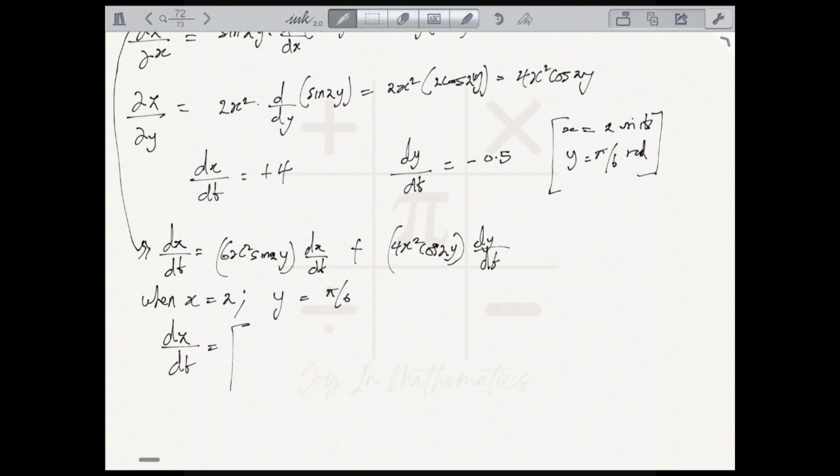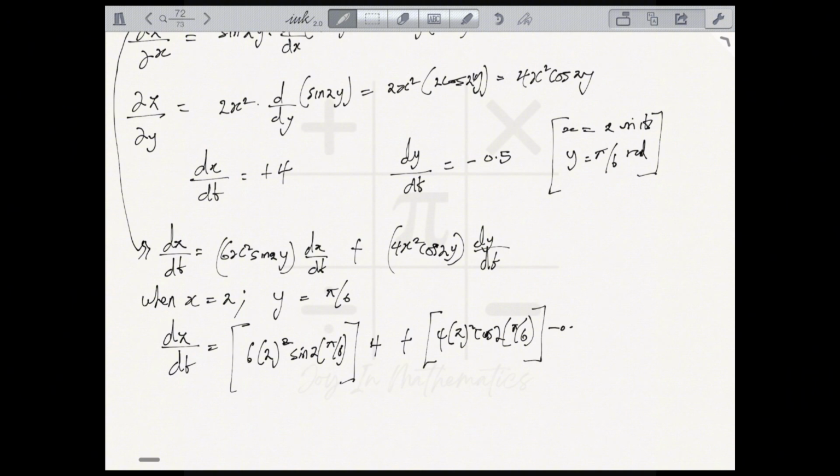It will become 6 into 2 raised to the power of 2 sine of 2 into pi over 6 radians, where we multiply by dx/dt, which is 4, plus 4 into 2 squared cos of 2 into pi over 6 radian, and then we multiply by dy/dt, which is minus 0.5.